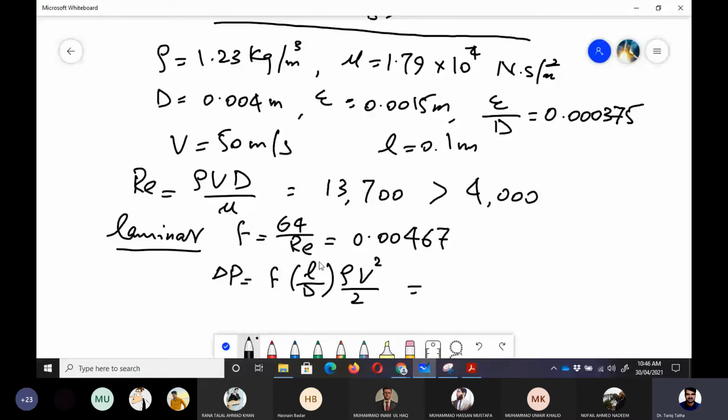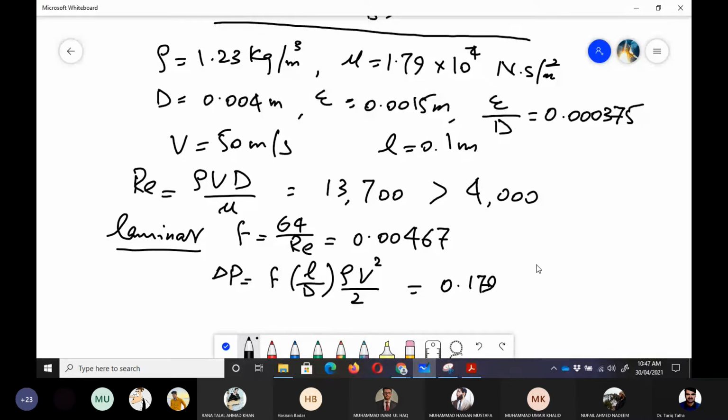We know all the values: friction factor, length 0.1 meter, diameter 0.004, rho is given, velocity is given.